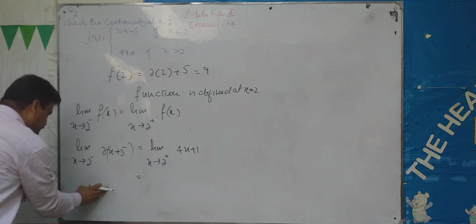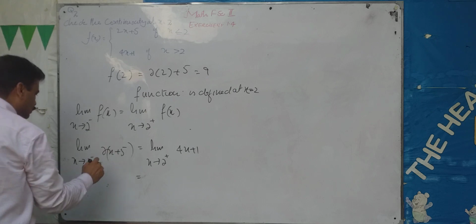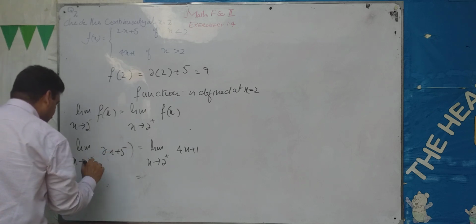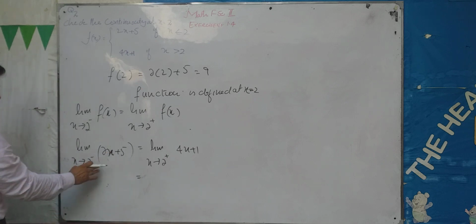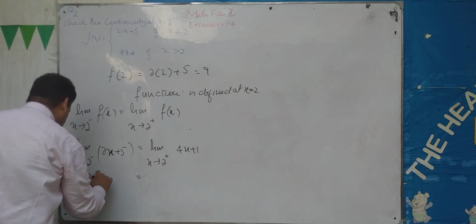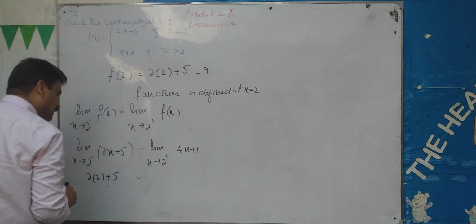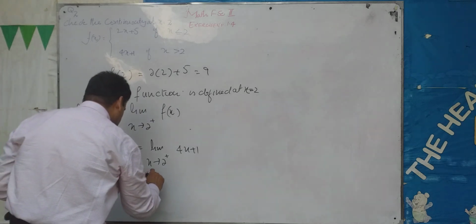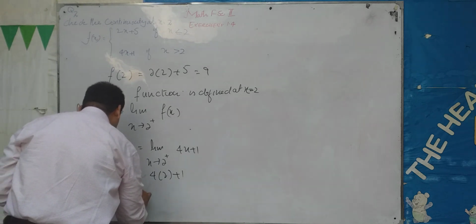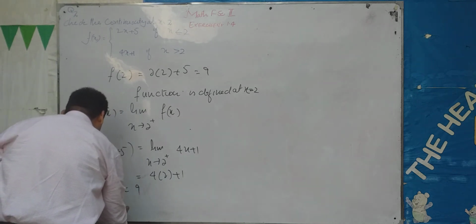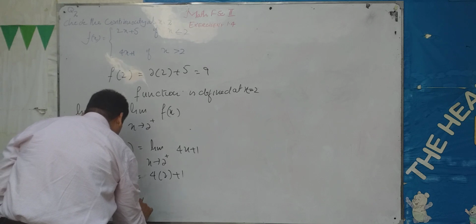For the left hand limit, when we put x equal to 2, or we replace x by 2, we will get 2 multiplied by 2 plus 5, and for the right hand limit 4 multiplied by 2 plus 1. 9 is equal to 9. It means the left hand limit will be equal to the right hand limit.